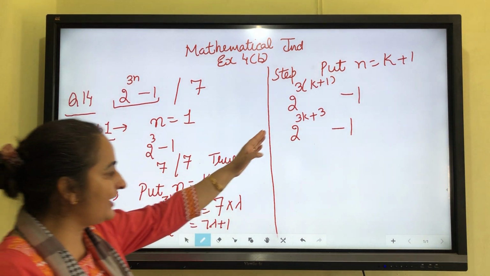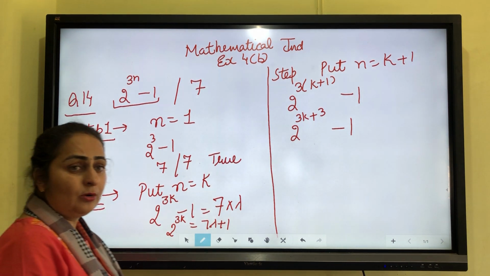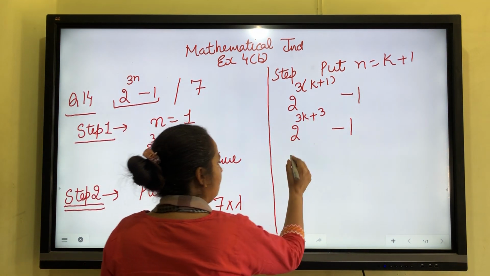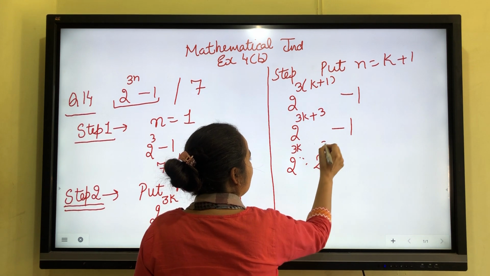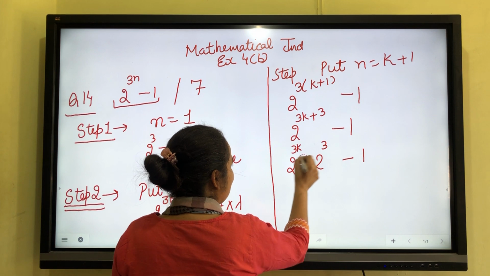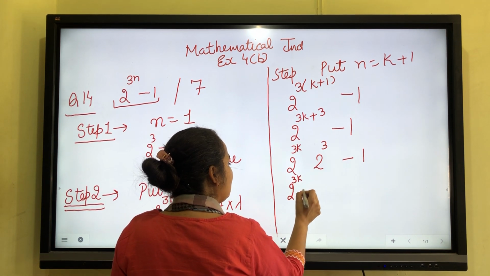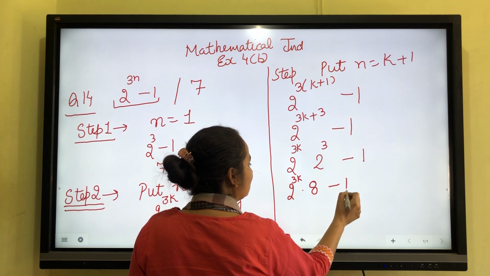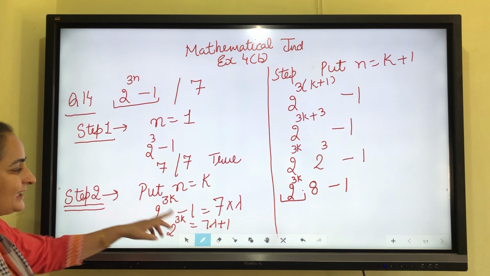Now convert this step in the form of this step. You know how to break the power: 2 to the power 3k times 2 to the power 3, minus 1. Now what's the next step? 2 to the power 3k multiplied by 8, minus 1. And here we know the value from the second step.